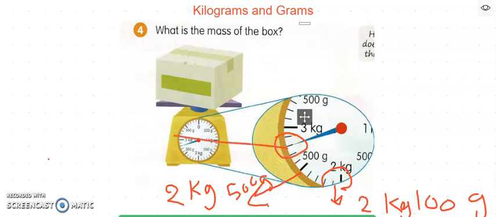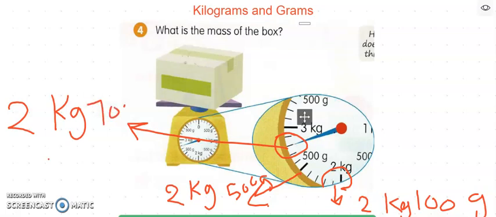So the mass of the box is 2 kilograms 800 grams. It's more than 2 kilos and less than 3 kilograms.